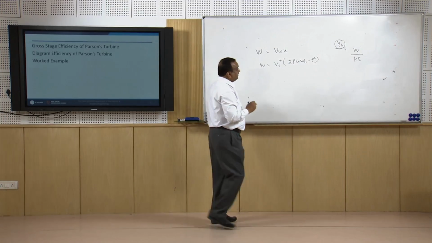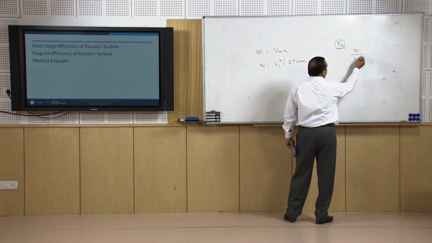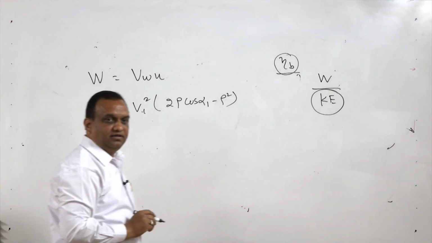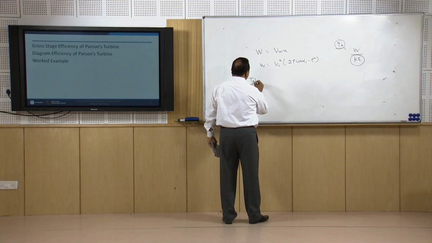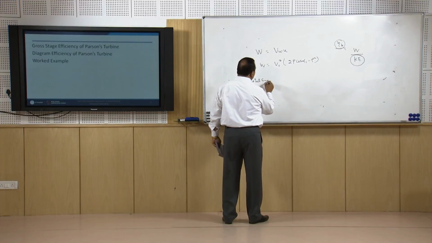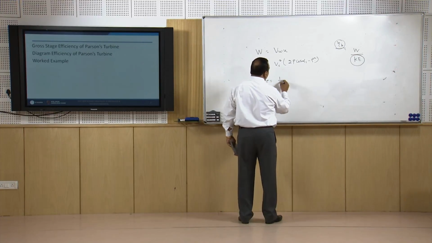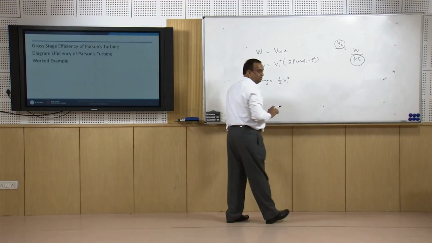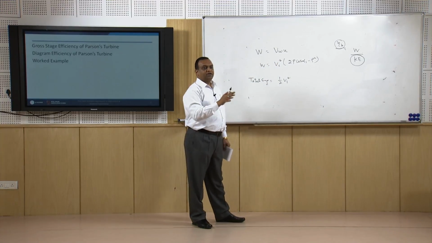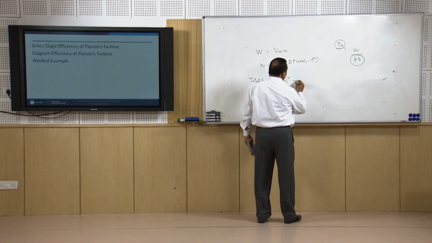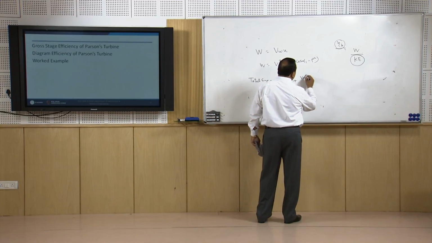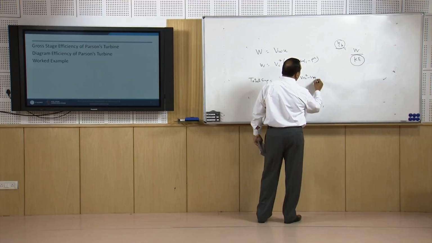We do not have an expression for kinetic energy. Now, the kinetic energy is the total energy, it is equal to half V1 square, the kinetic energy which is entering the blade, and the change in kinetic energy VR2 square minus VR1 square by 2.